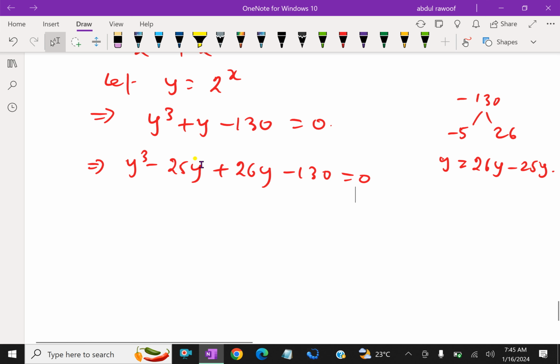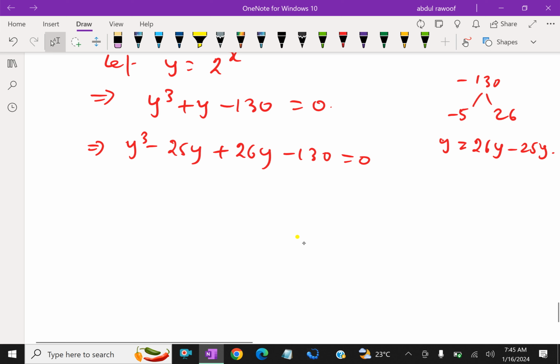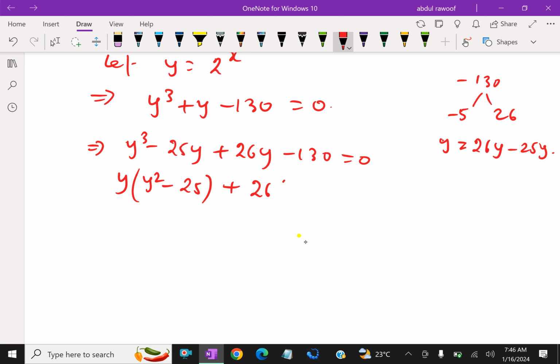So we can factorize the first two terms: y is common, y square minus 25. Here 26 is common, y minus 5, because 26 into 5 is 130, equals 0.